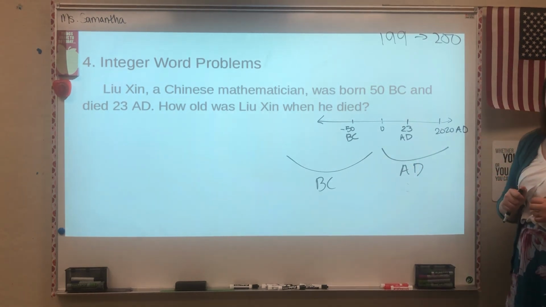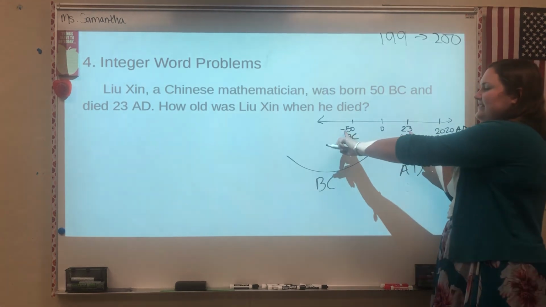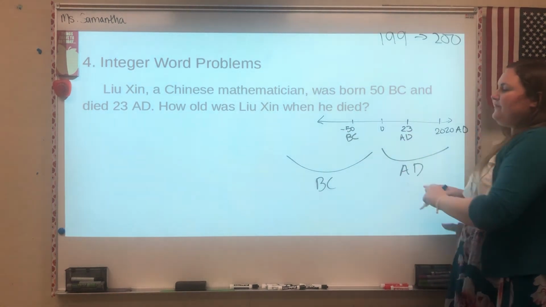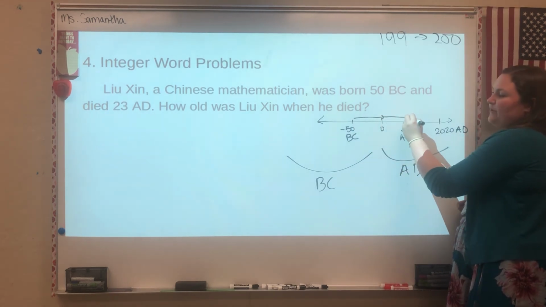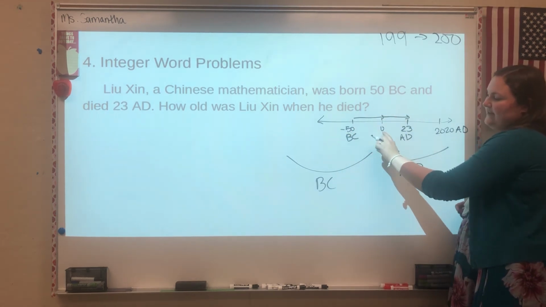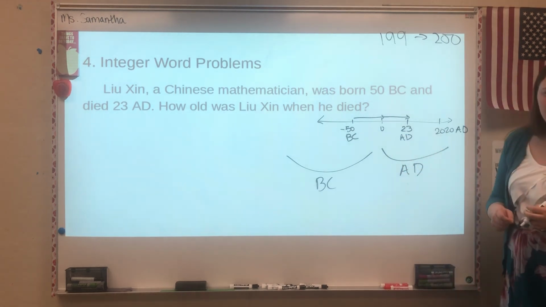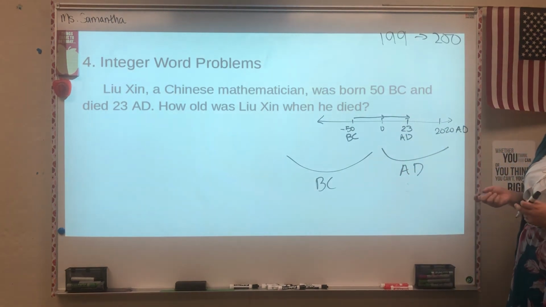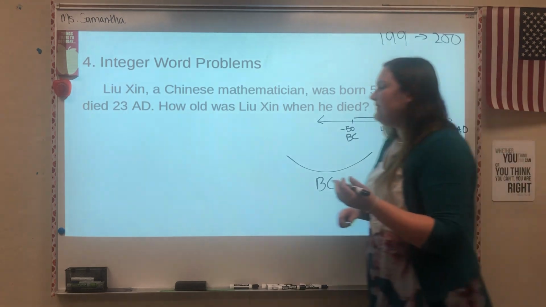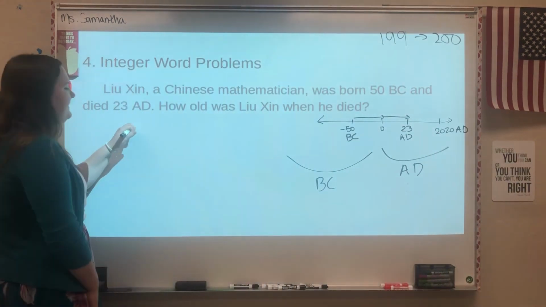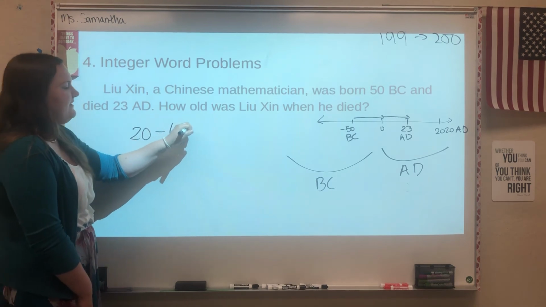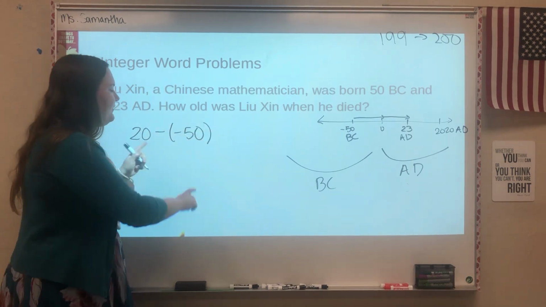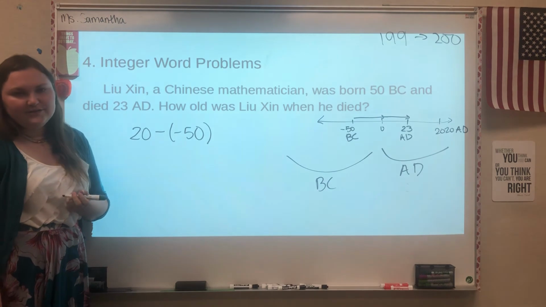Well, what did you say? A lot of people want to subtract these two. But if you look at this, he lived all of this time and then some more. From here to here is 50, here to here is 23. We actually want to add those together. What you're really doing is taking the year he died and subtracting the year he was born. You're finding the difference in those years.